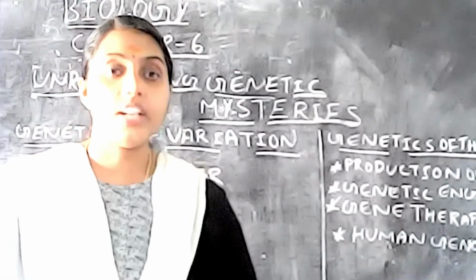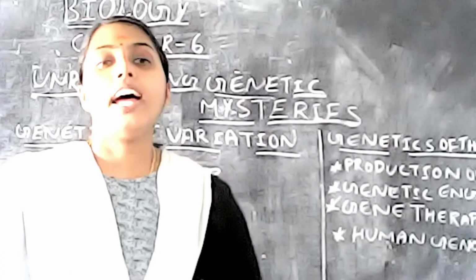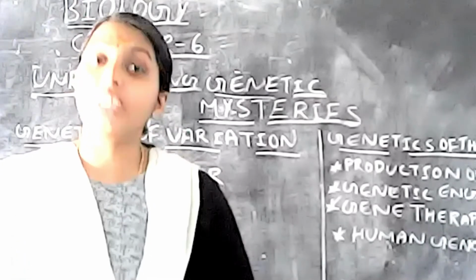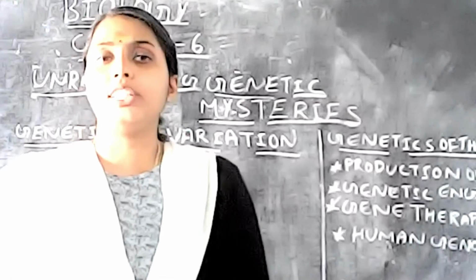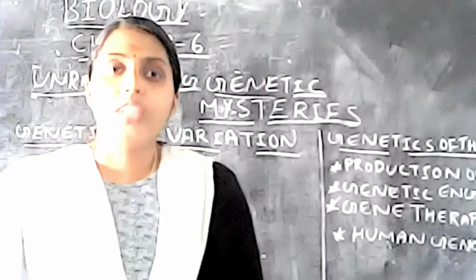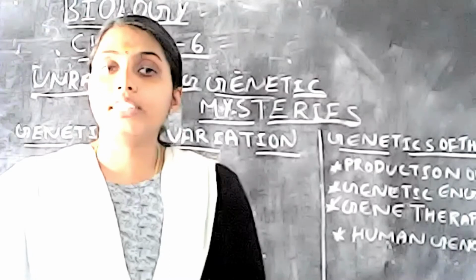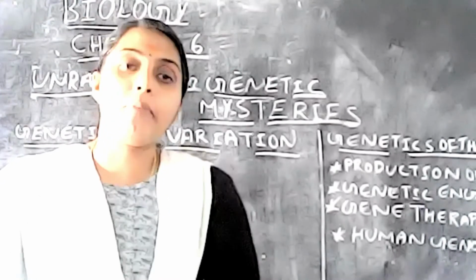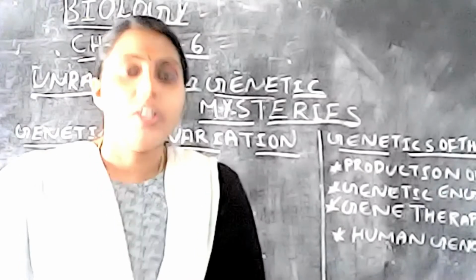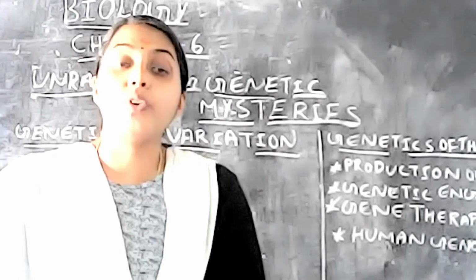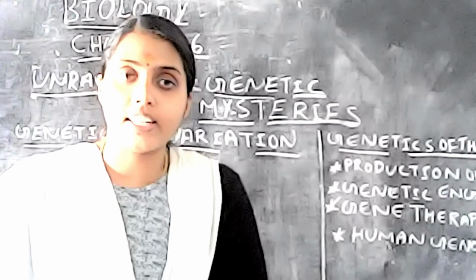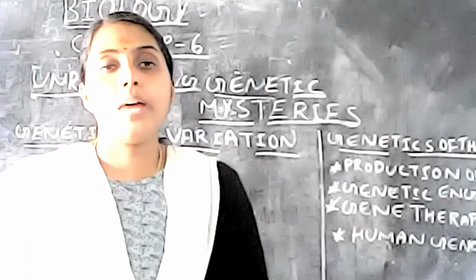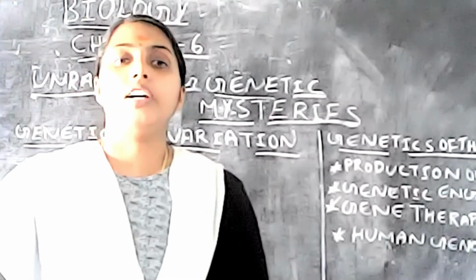So mutation, then crossing over, and another reason for variation is fertilization. Characters are transferred from parents to offspring through the gametes. Gametes means sex cells. During fertilization, the male gamete and female gamete fuse together.